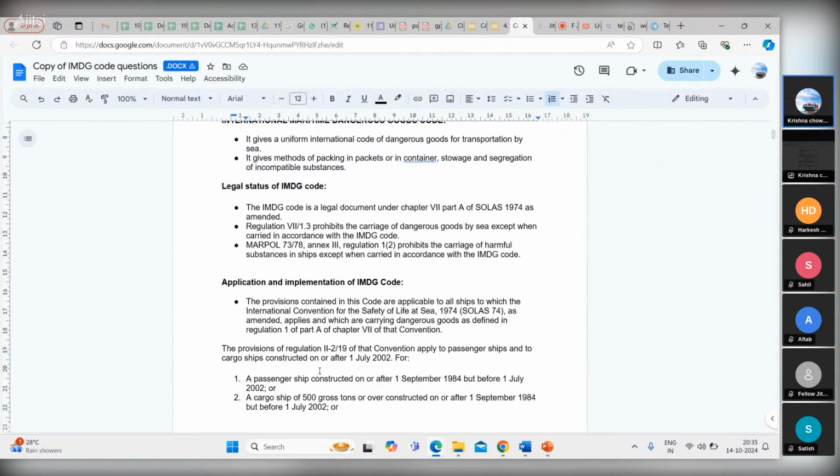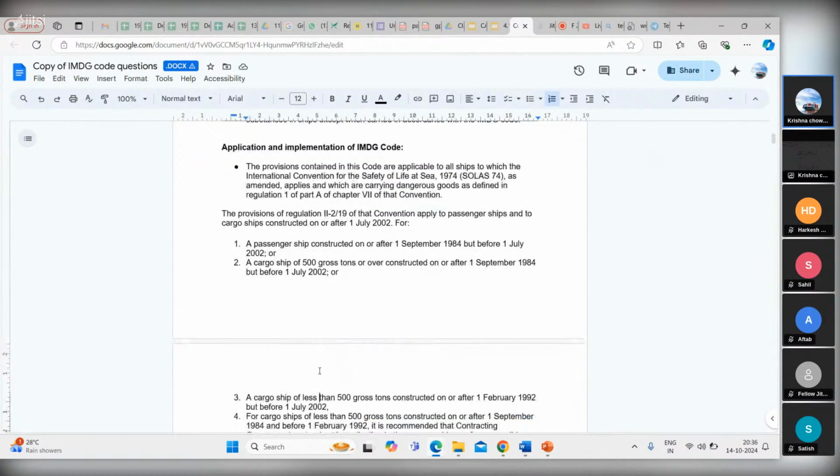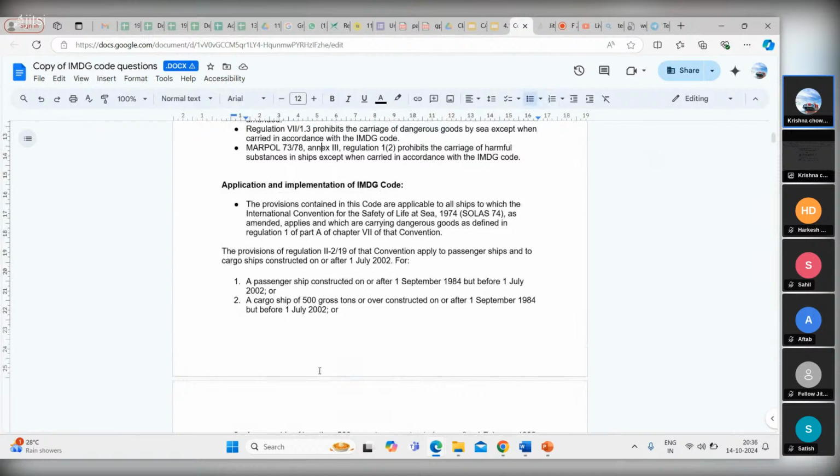You cannot carry any dangerous cargo. And of course, MARPOL Annex 3 also prohibits the carriage of harmful substances in ships in bulk or in packaged form, except when carried in accordance with the IMDG code.